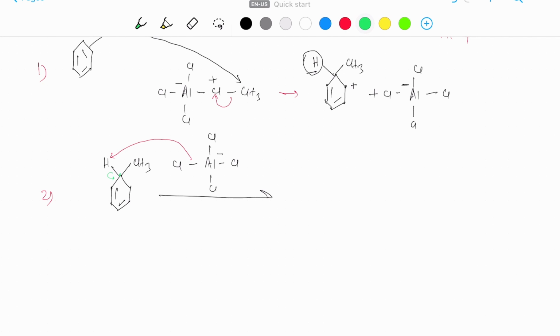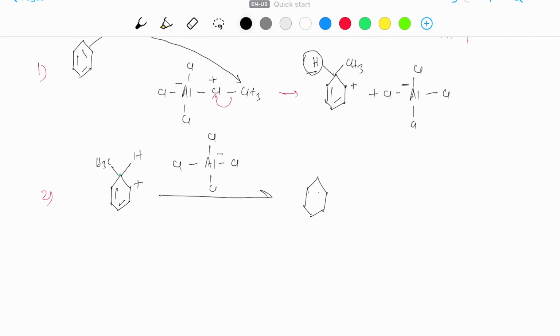So in the next step, we'll form the benzene ring again. Let me draw it again. Let's say we have our hydrogen here and we have our CH3 here, so it's kind of the same, right? And we had actually the positive charge here, so I made a mistake.